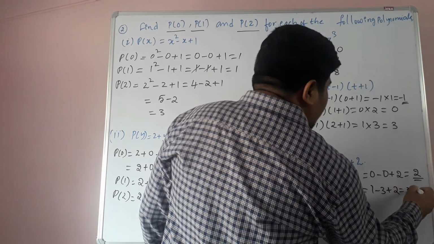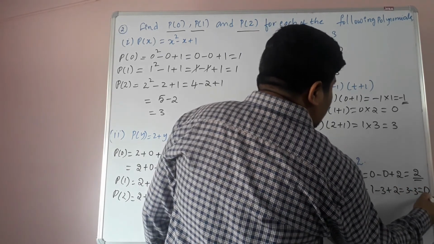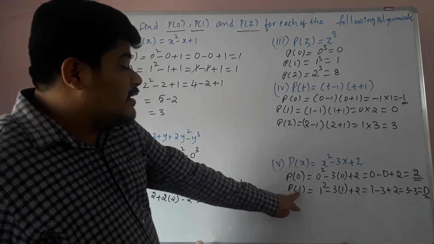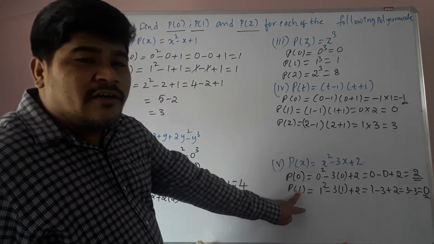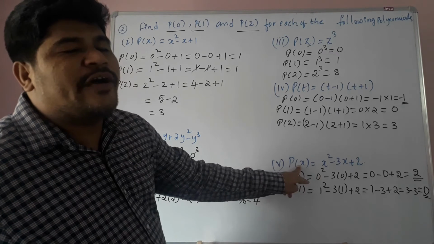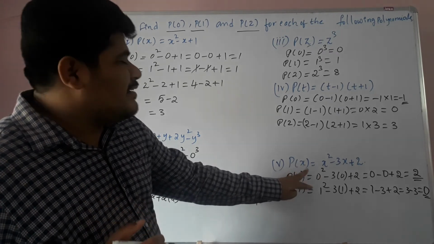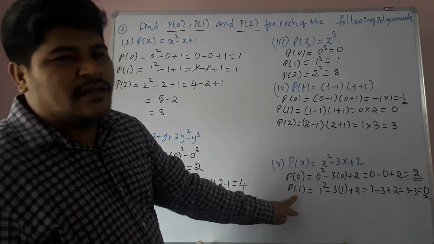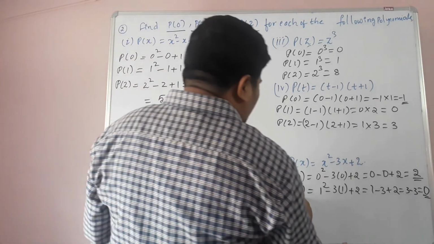So students, here what are the positive numbers? 1 and 2. So 2 plus 1 is what? 3 and negative 3. 3 minus 3 is equal to 0. So students, observe at x is equal to 1, we got P of x value as 0. So we can tell this x is equal to 1 is a zero of the polynomial. Now find P of 2.